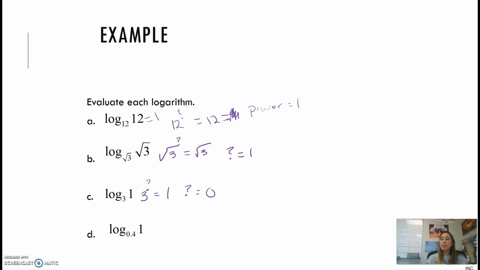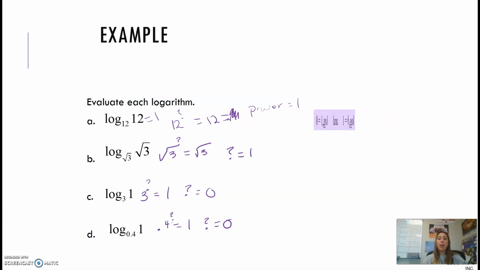Because remember, we learned that any number taken to the 0 power is always 1, no matter what that number is. So that's going to be true for this one right here. We're going to have 0.4 to some power is going to be equal to 1. Well, then that power must be 0, because anything raised to the 0 power is going to be 1.